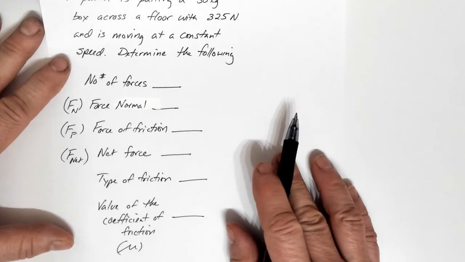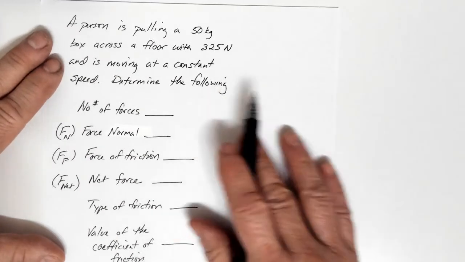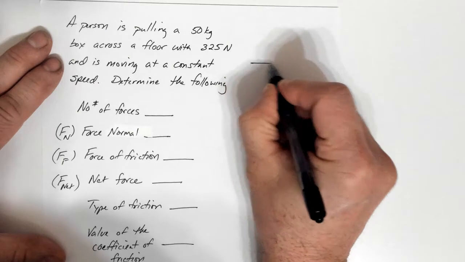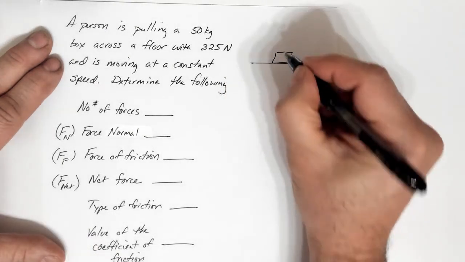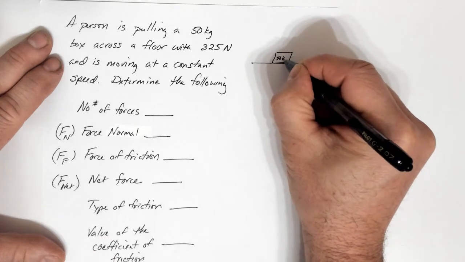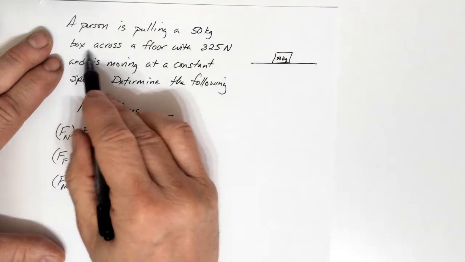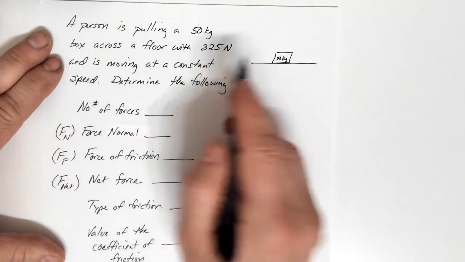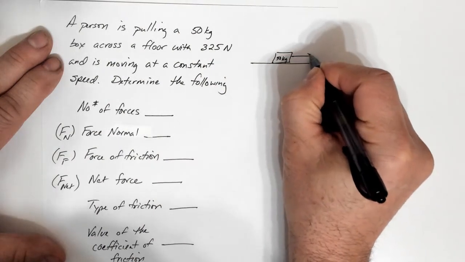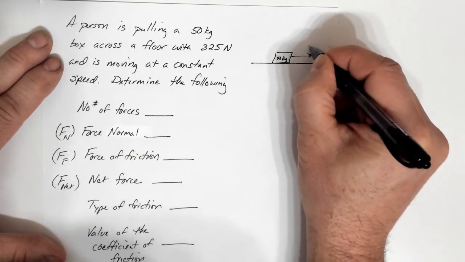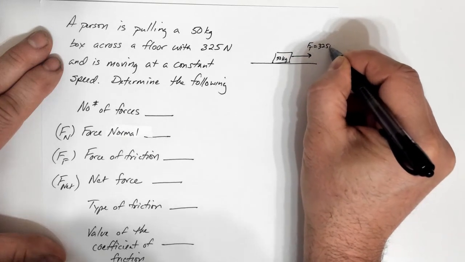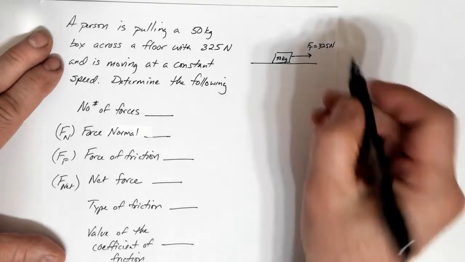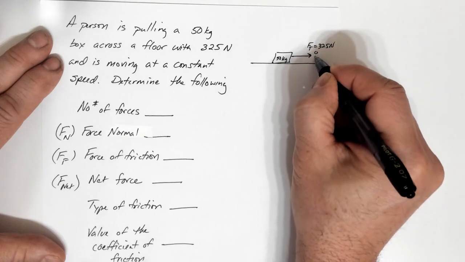So where do we start? Like we did last time, we're going to draw our picture. So here we have a box on the floor. Okay? It weighs 50 kilograms. They are pulling it with 325 newtons of force. So you can call it tension or applied, whatever you want, is 325 newtons. Here's the person right here.